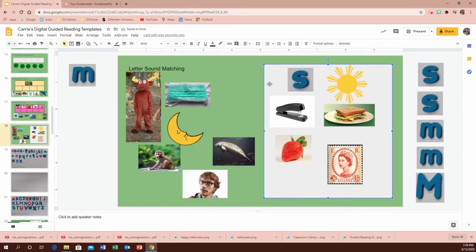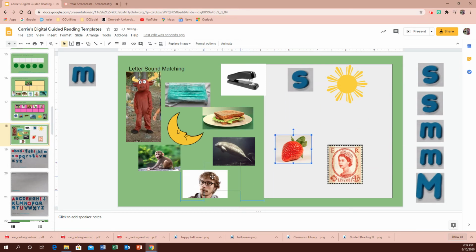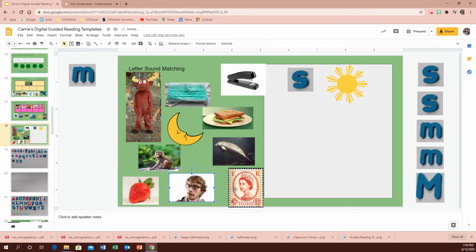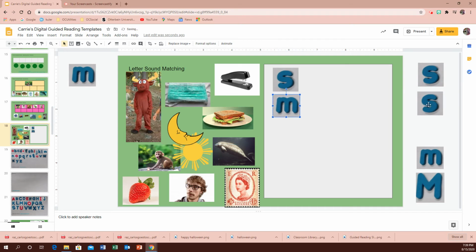Now, this is letter sound matching, and I've gotten 2 separate sorts out of this one set of pictures. Now, the other thing you can do is I've just copied some extra of my magnetic letters over here. And so you could do this.